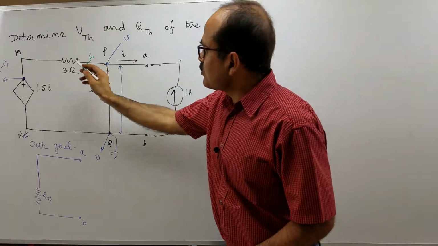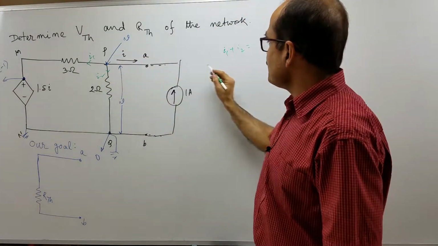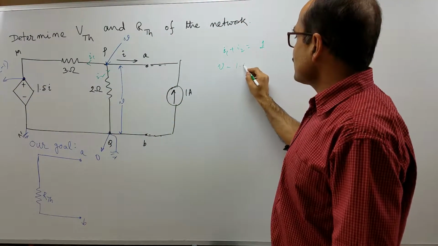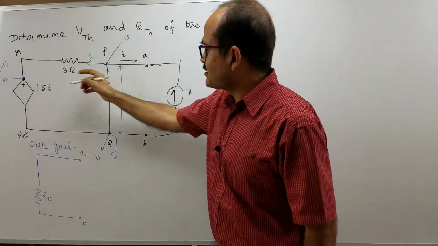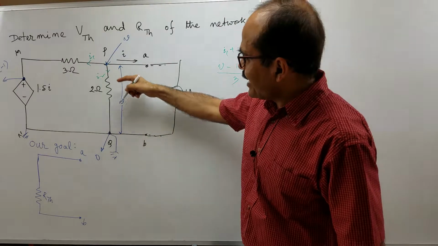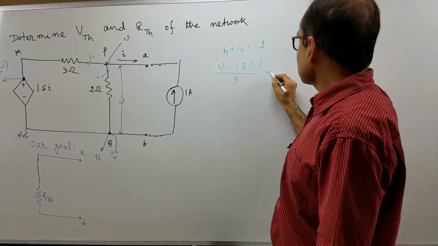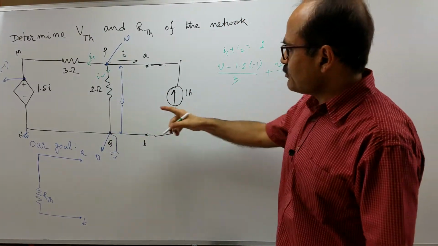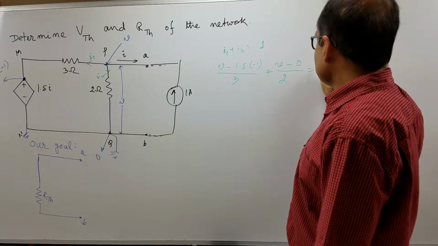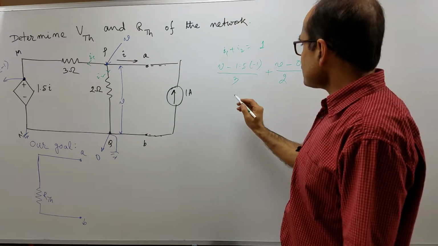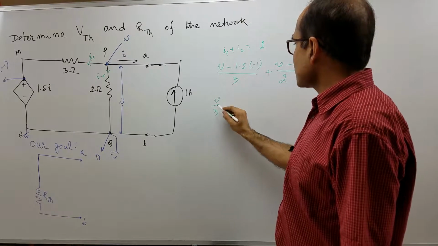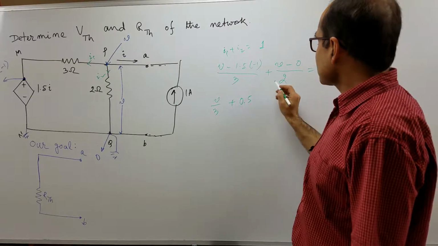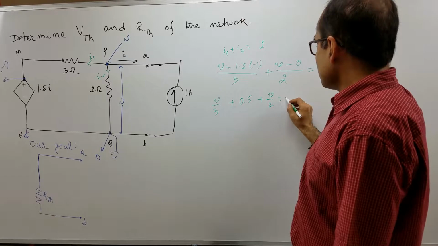Now, I1 is equal to potential of P, that is V, minus potential at this point, 1.5 times minus 1, divided by the resistance, that is 3 ohm, and I2 is equal to potential at this point, that is V, minus potential at this point, which is 0, divided by 2, and that is equal to 1. So, V over 3, now this is minus and minus, plus, so plus 1.5 over 3, which is 0.5, plus V over 2 is equal to 1.